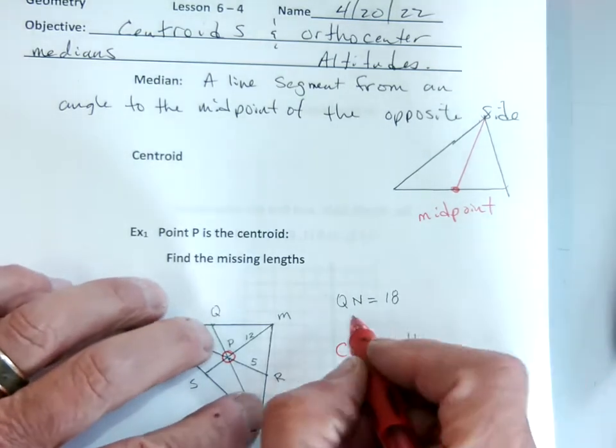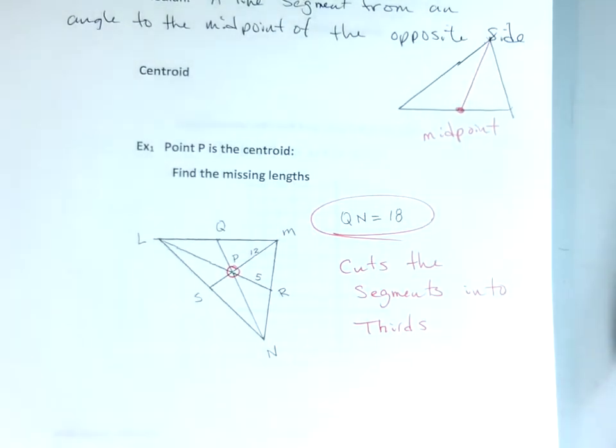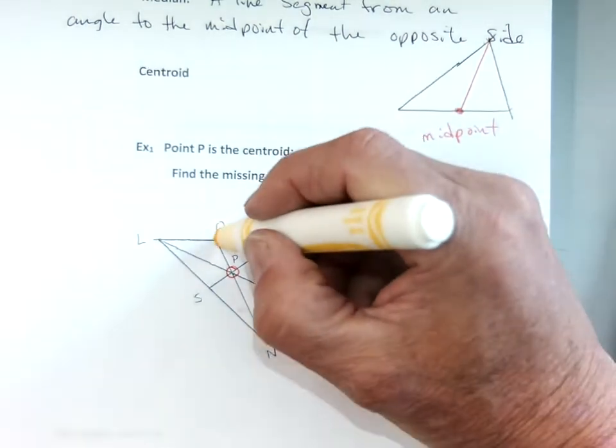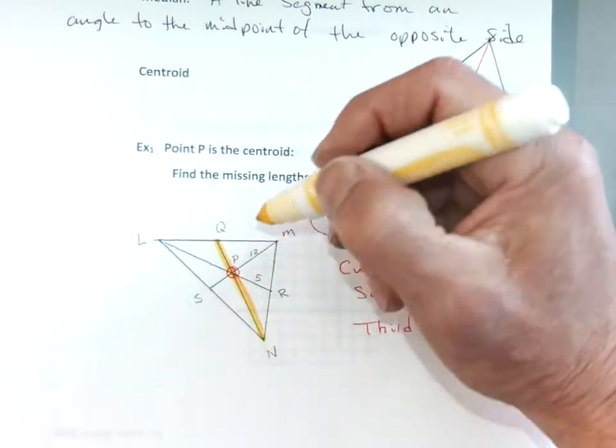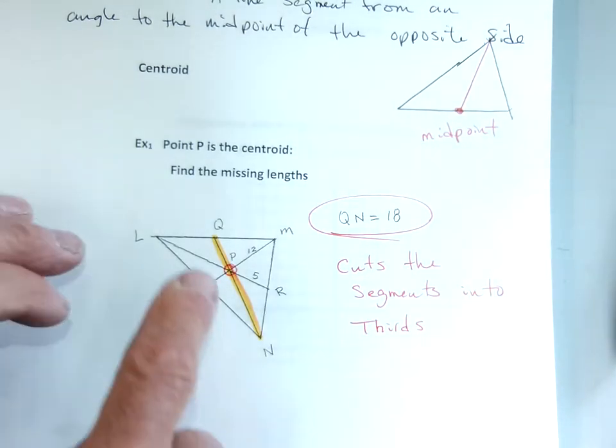Let's look at QN into thirds. There's QN. Everybody see it? I highlighted it. That's line segment QN, and it happens to be 18 long.